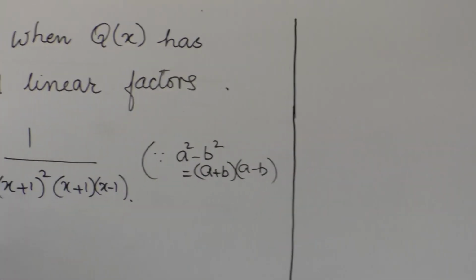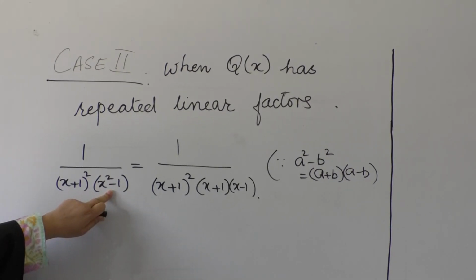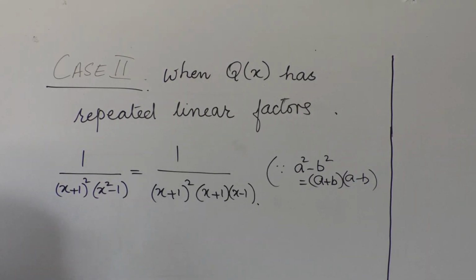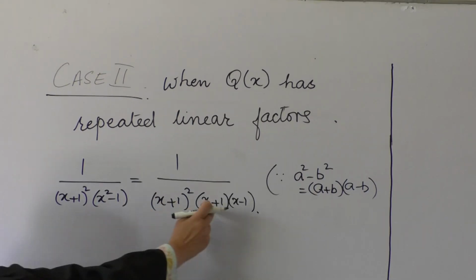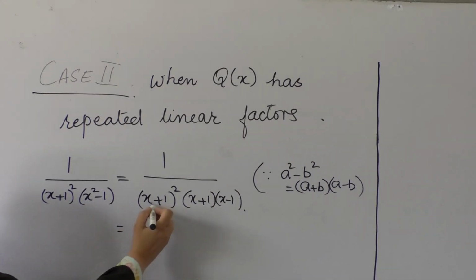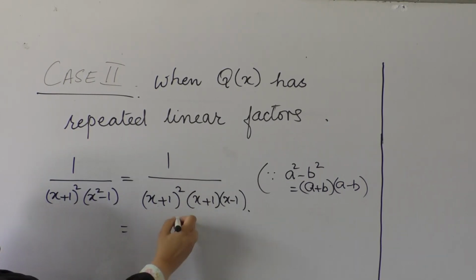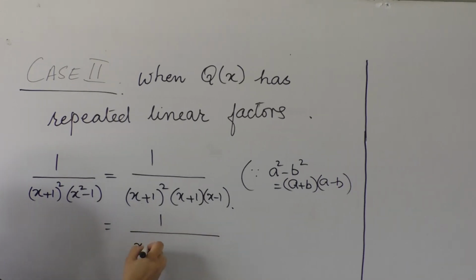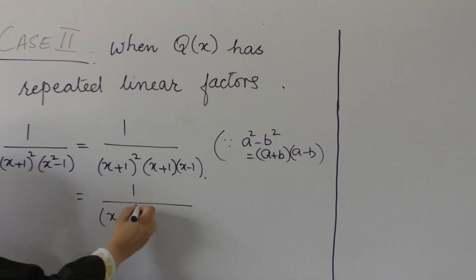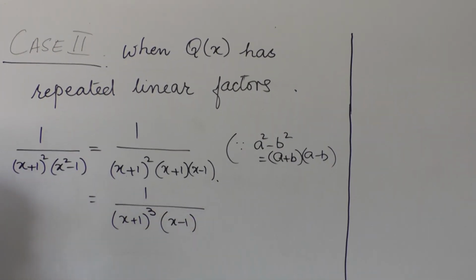Here we have x square minus 1. So when we solve this, it becomes x plus 1, x minus 1. Now look, students, that here x plus 1, we have one more factor, x plus 1. So it becomes x plus 1 raised to the power 3 and x minus 1.